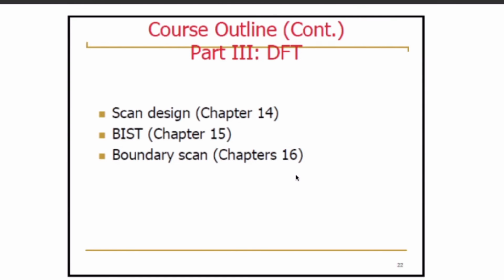How you can design these things, how you can evaluate the performance of these DFT techniques, what the testing strategy will be for this type of testing, and what ATPG techniques will be appropriate with different types of DFT schemes. These things will be covered in the DFT session.